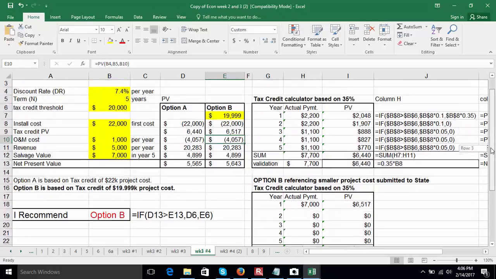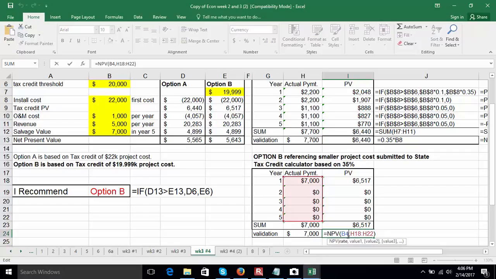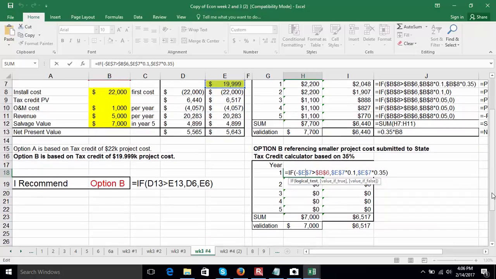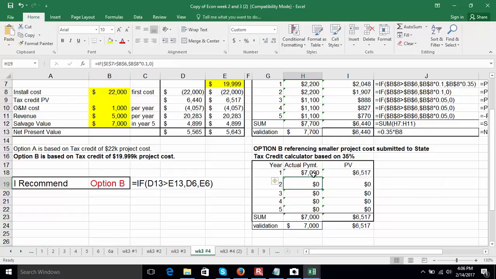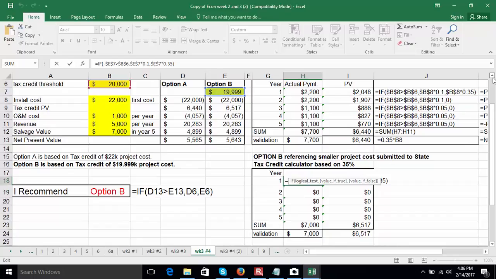Well, I-23 is coming out of option B. So we're also doing the net present value of those numbers, year one actual payment is the option B. So it's the same logic. If this threshold, if 19,999 is greater than 20,000, then use the 10%.